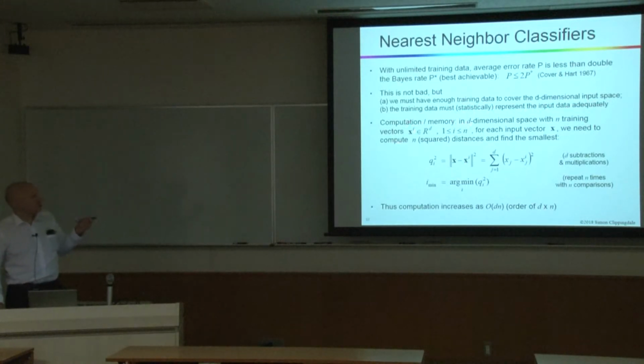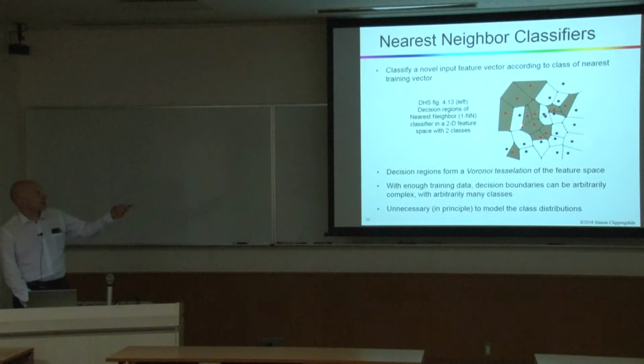Consider the computation and memory aspects of this in a d-dimensional space with n training vectors. Here's your training vectors in a d-dimensional space. For each input vector, in principle, we need to compute the distance to every one of these training vectors so we can find the smallest.